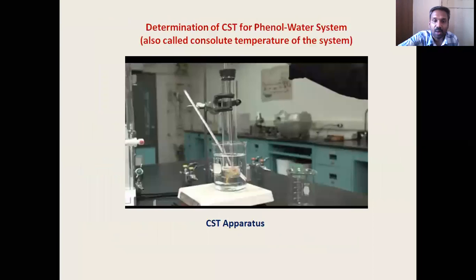So now this is the CST apparatus. What does the CST apparatus consist of? CST, in fact, if there was no lockdown and there were regular classes, you should have done this experiment in your laboratory. This is an important experiment in third semester, where the students are required to find out the critical solution temperature of phenol water system.